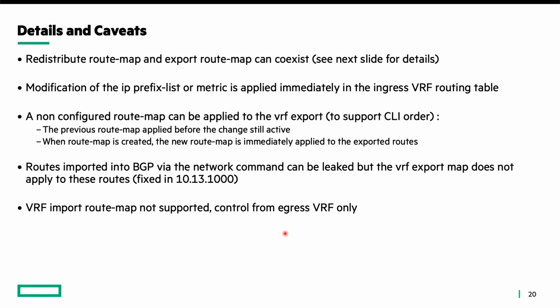Since we can set the route target individually for the different prefixes with selective IVRL, we can control into which VRF the prefixes are being imported. So we don't need this additional import route map feature to get control over the installation of routes.